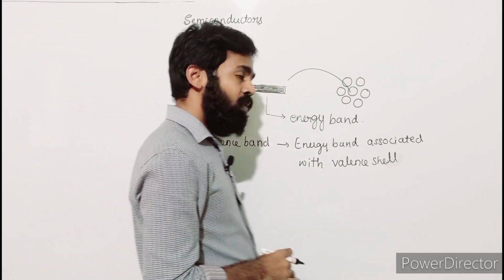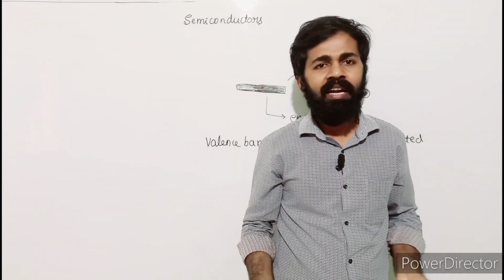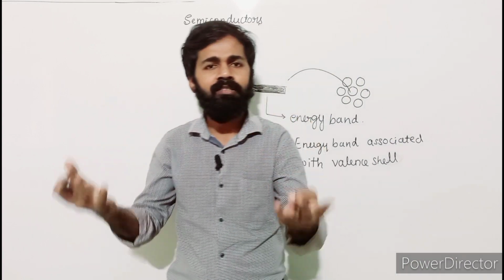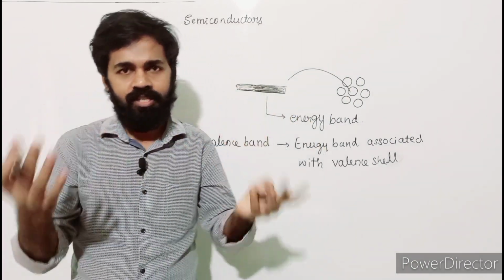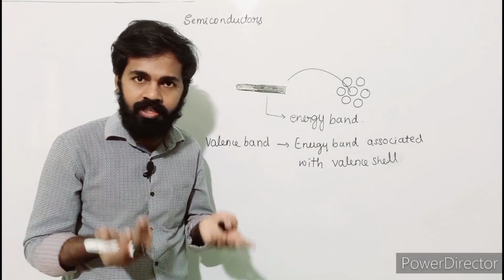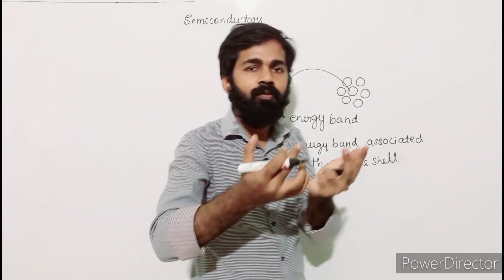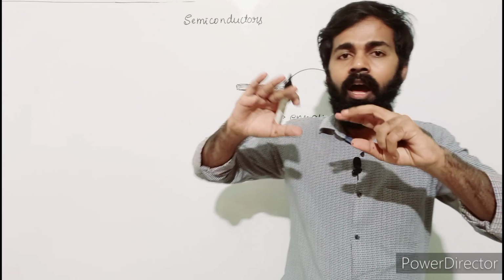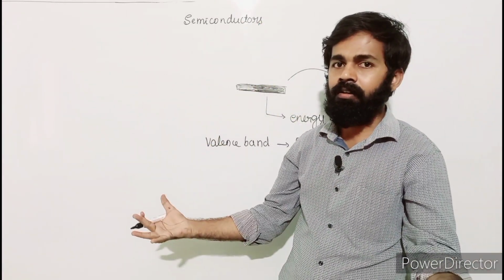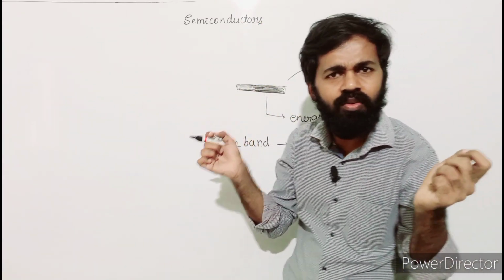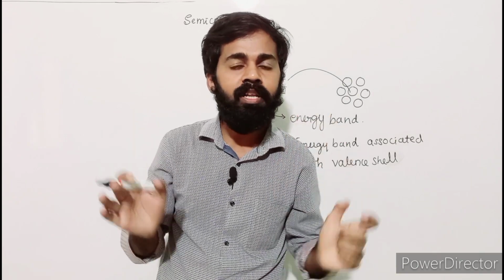Now, what is above the valence band? Above the valence shell there is no other shell, because that's the highest energy shell which is occupied by electrons. It means it is empty.